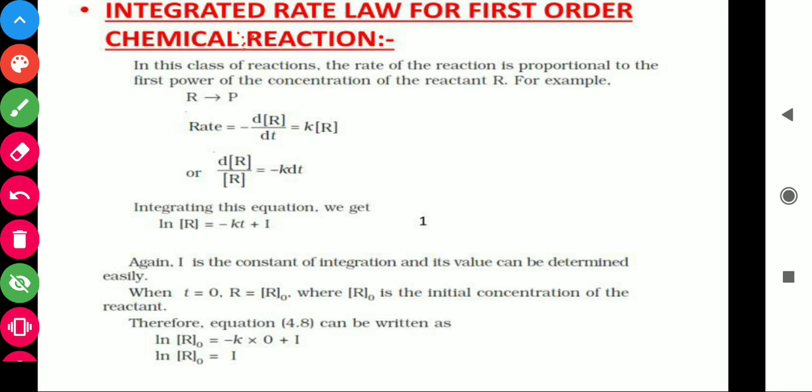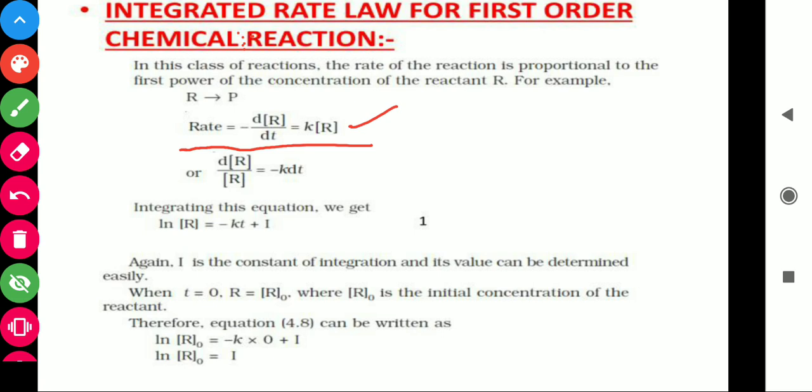Dear students, we have discussed the integrated rate law equation for first order reaction. For first order reaction, when we write the rate, that will be dR upon dt is equal to kR. This is because this reaction is a first order reaction.